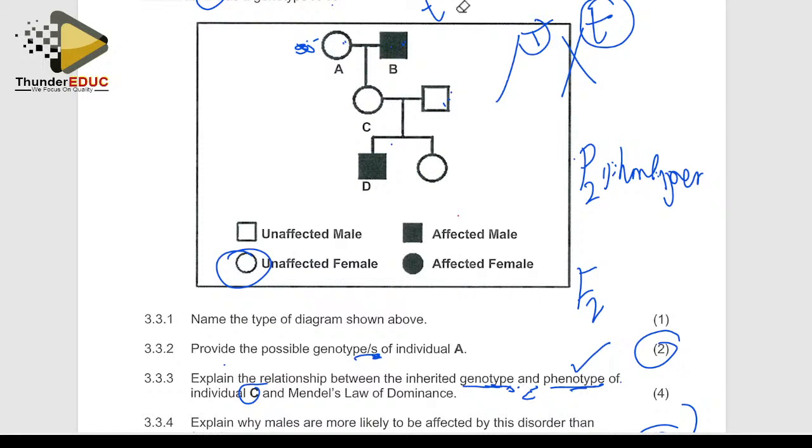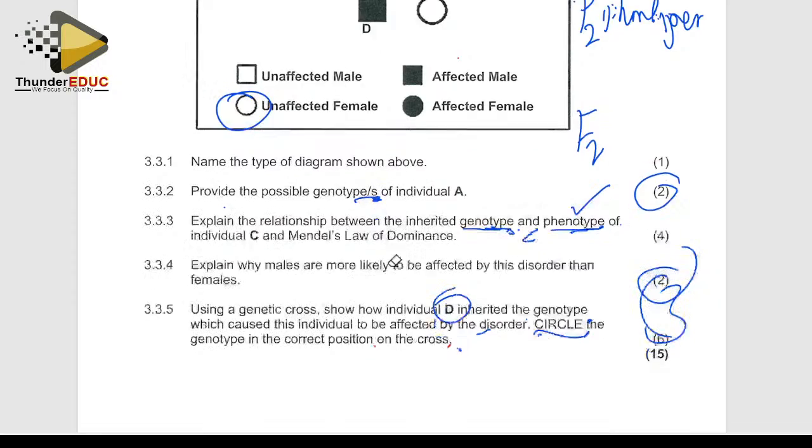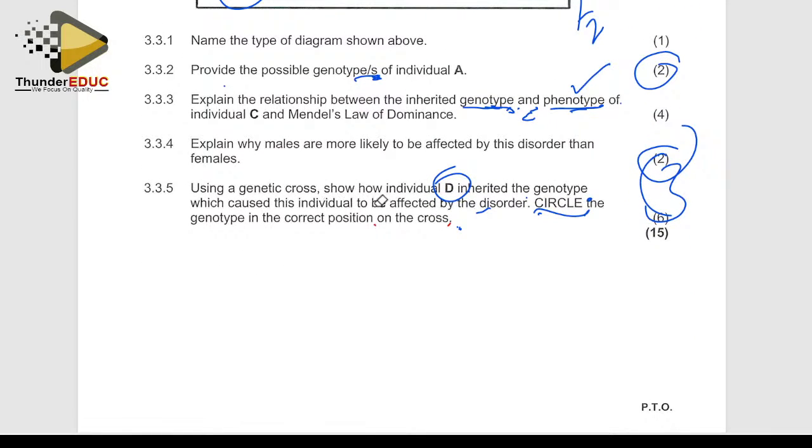Let me check. Thank you. They're saying explain the relationship between the genotype of C. They're not saying that. They're saying use the genetic clues, show how individual D inherited.